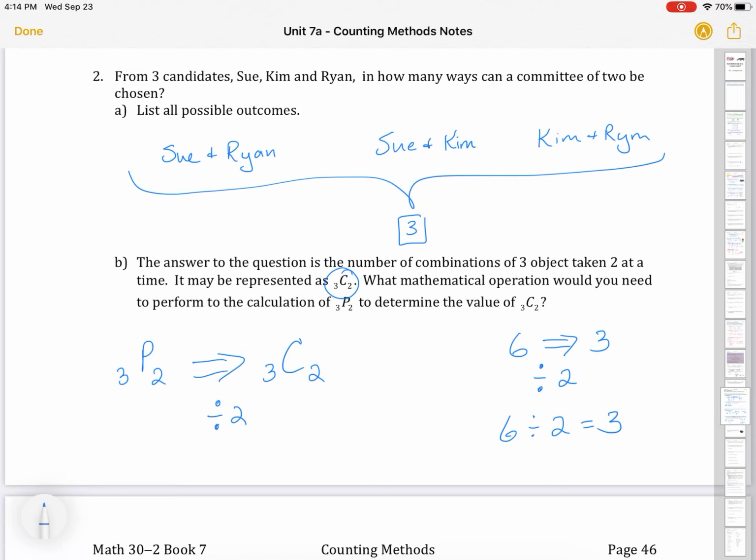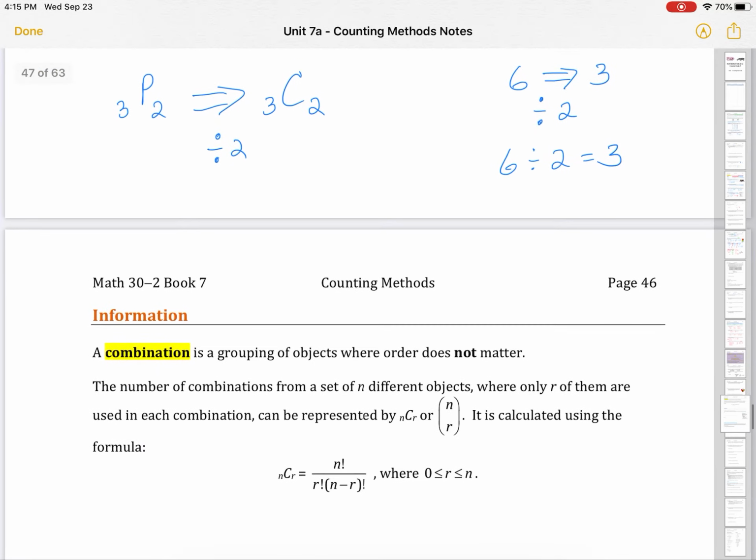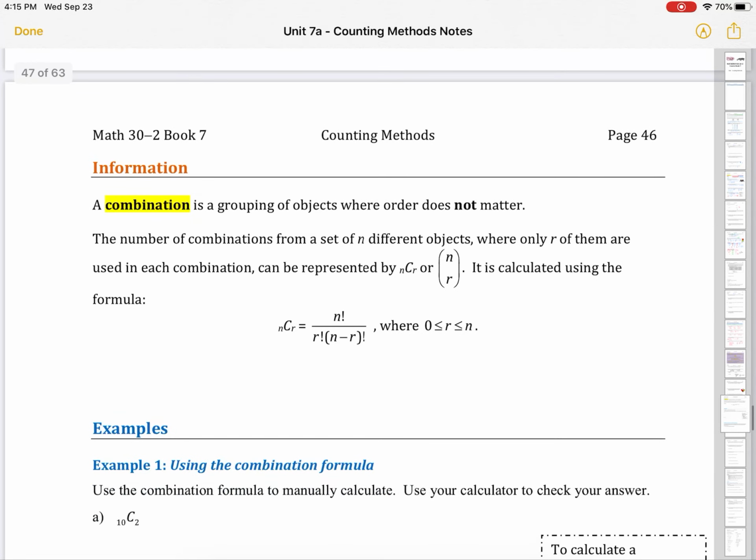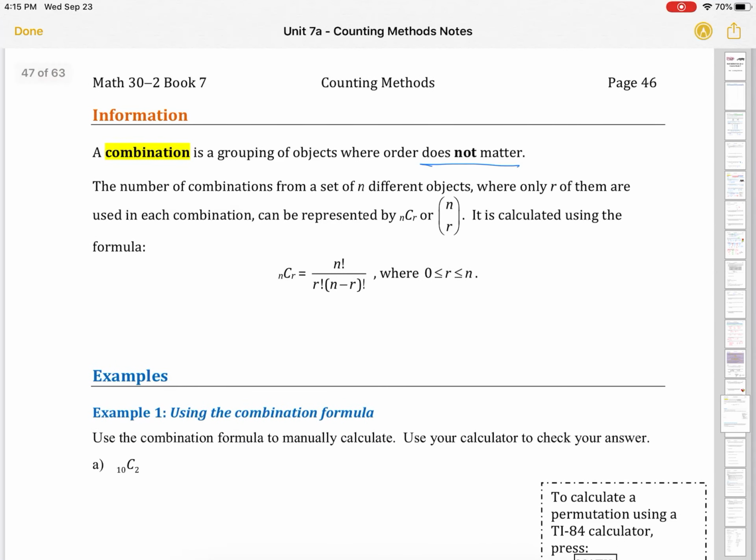Okay, that would get me from one to the other. Now we're talking about combinations. And I did this when I did the video for the instructions for how to put in permutations in your calculator. I also did how to put combinations in. It's the same menu, except it's one step down. So a combination is a grouping of objects where order does not matter. It's just a collection.